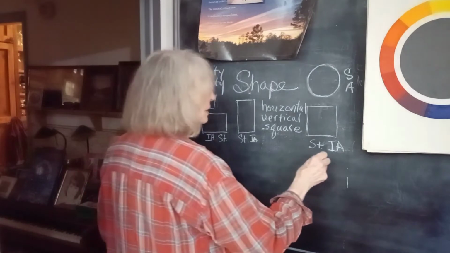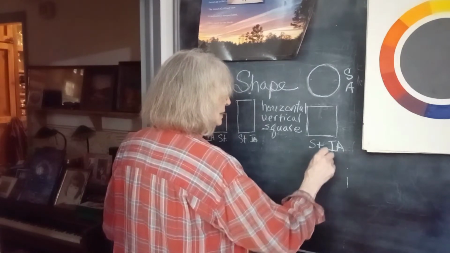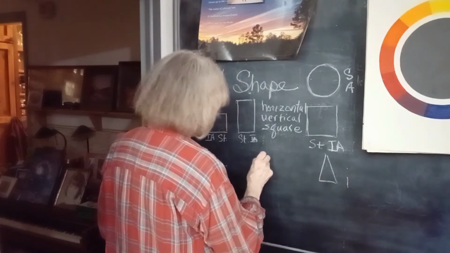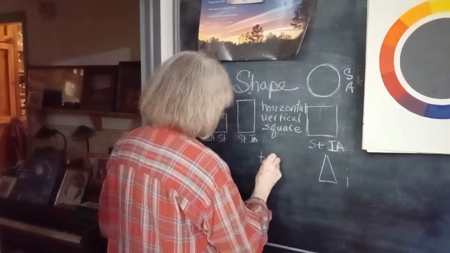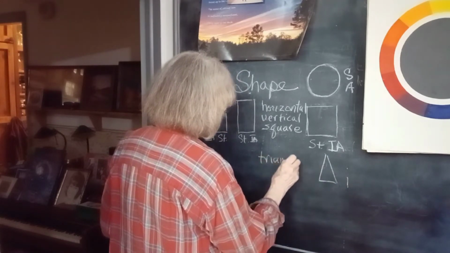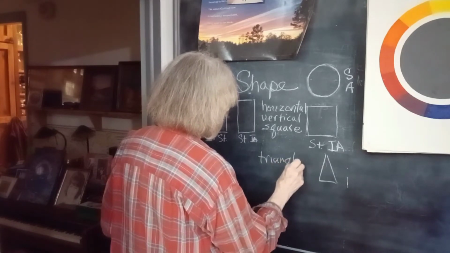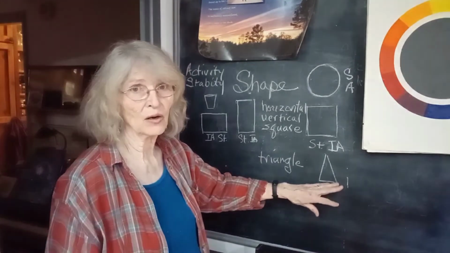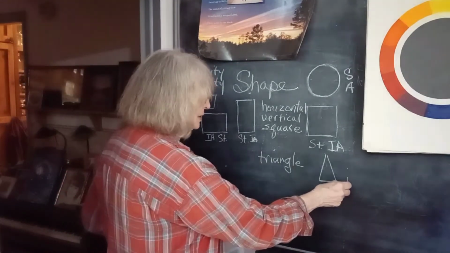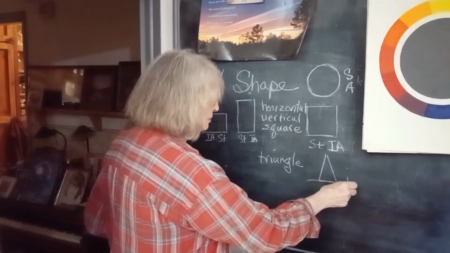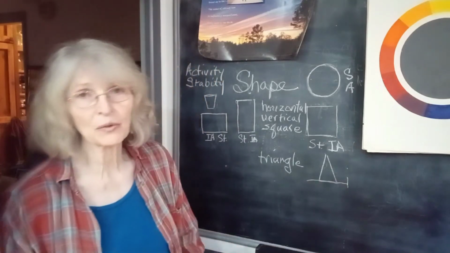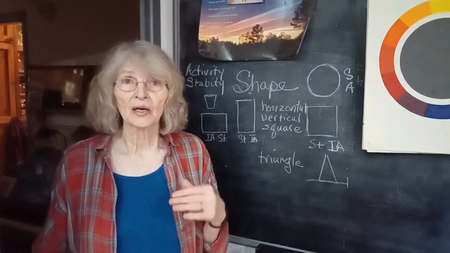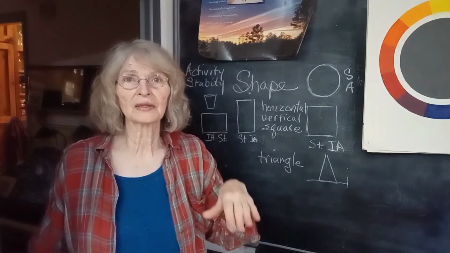The next shape I want to handle is a triangle. Triangles that are set on the surface, their straight line set on the surface, which is always considered a horizontal line.